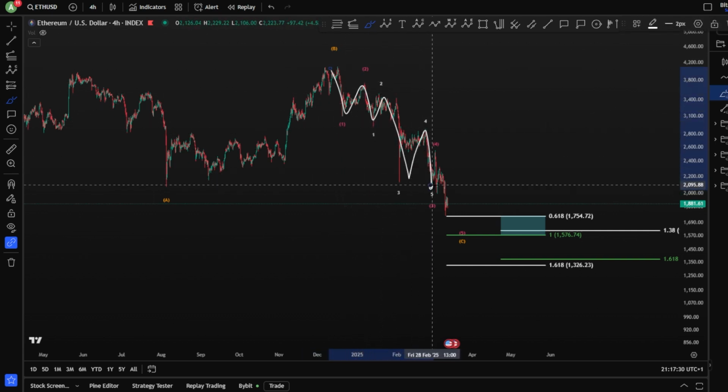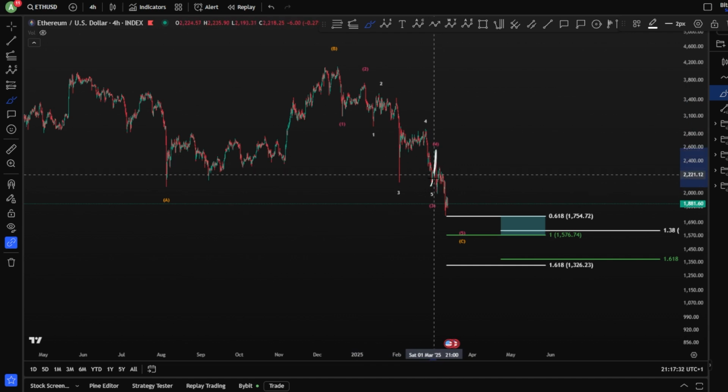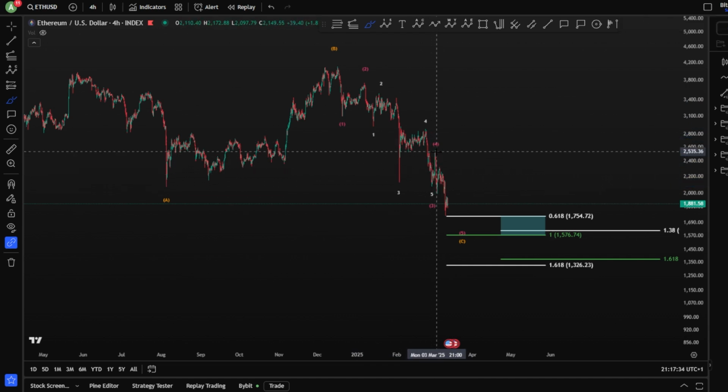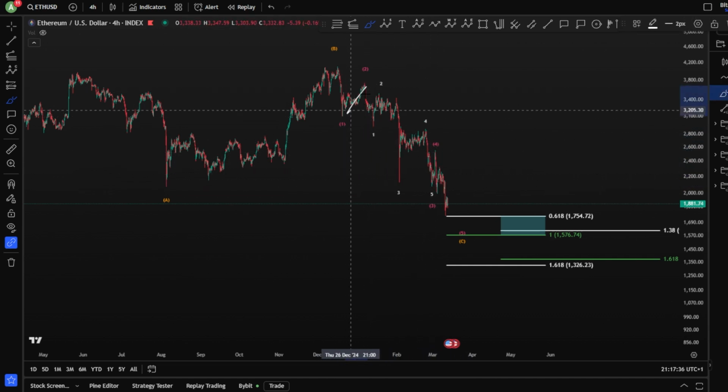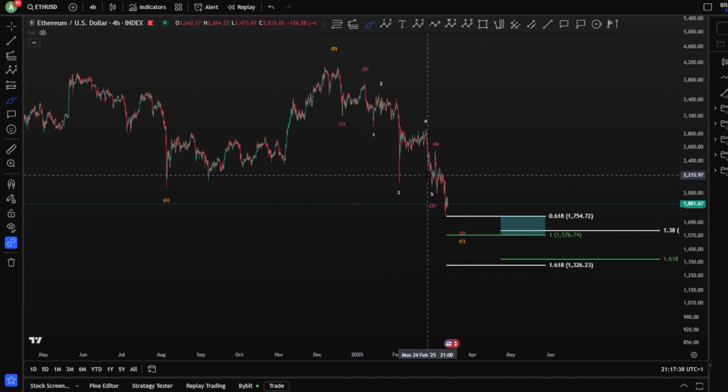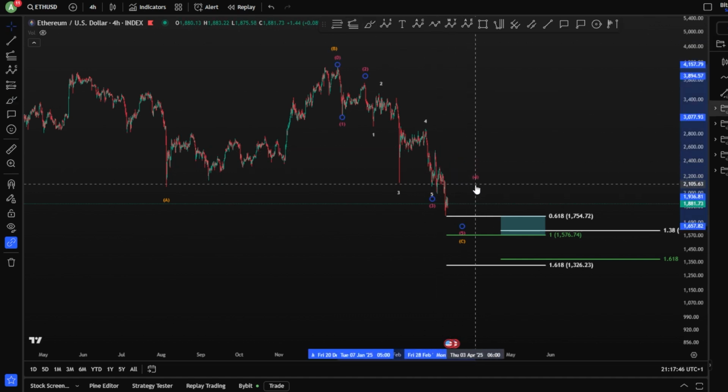Everything is fine until here, where we find, of course, a wave 4 in magenta, very sharp and fast in time when you compare it with this wave 2, which I don't like. That means a higher possibility that your wave 4 is not finished yet.